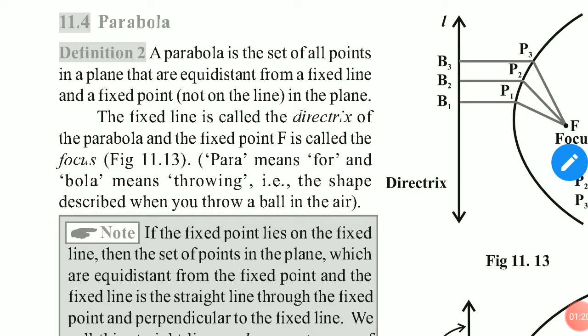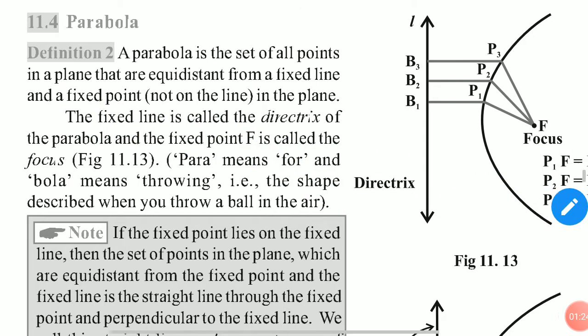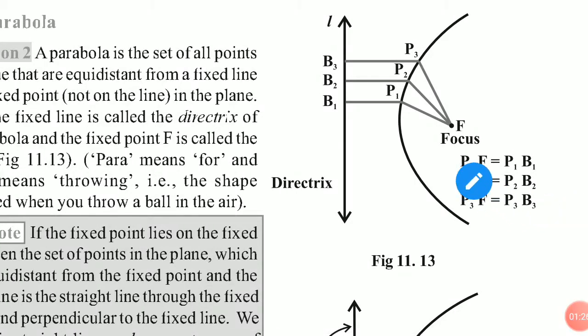Now a fixed line and a fixed point. This is the fixed point. In the diagram, this fixed point is known as the focus. So these points are moving like this, P1, P2, P3. Those points are equidistant from a fixed point that is called focus, and a fixed line that is called directrix. So these distances are always equal.